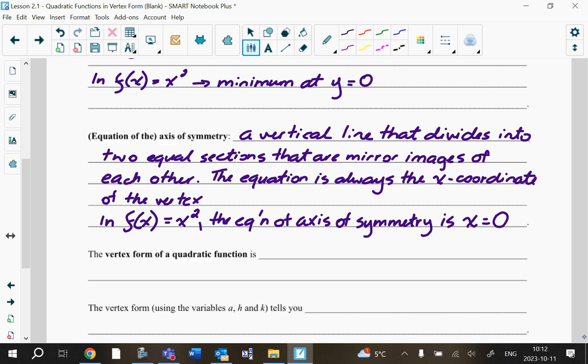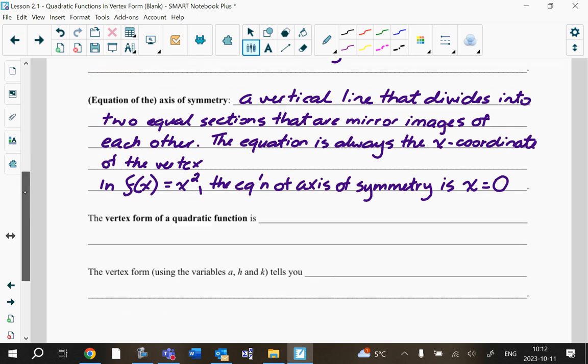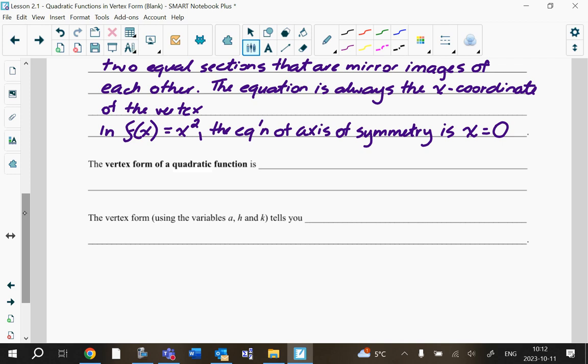And those are all the specific properties of the most basic one, y equals x squared, or f of x equals x squared. There may be numbers in the equation as well. Okay? There may be numbers in front of the x squared, after the x squared, inside parentheses with the x, and then squared. It takes a certain form, and don't worry about this right now, because we're going to talk about each piece later.